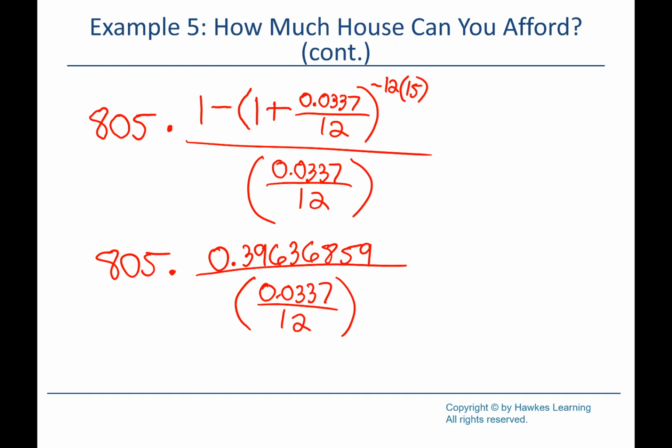There. Uh-oh. I'm still not coming around. Let me try the top one more time. Aren't you glad this is the last one? 1 minus 1 plus 0.0337 over 12.